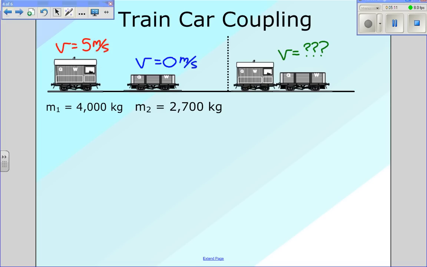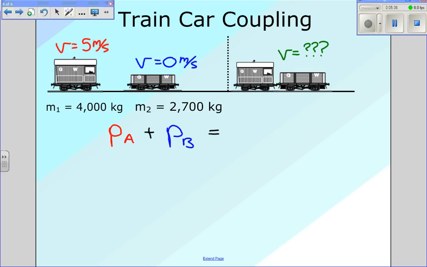So let's do that. What I'm going to write down is the momentum of object A before the collision plus the momentum of object B before the collision, B being the object that isn't moving, should be equal to the momentum of both objects together after they collide.